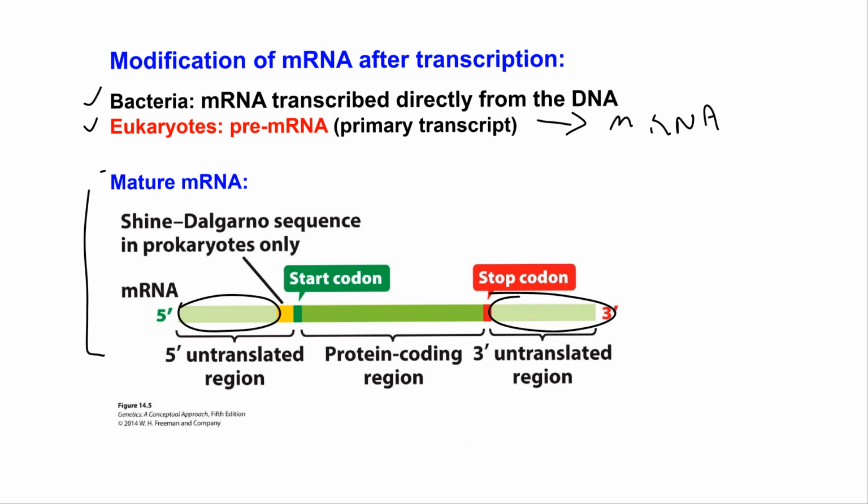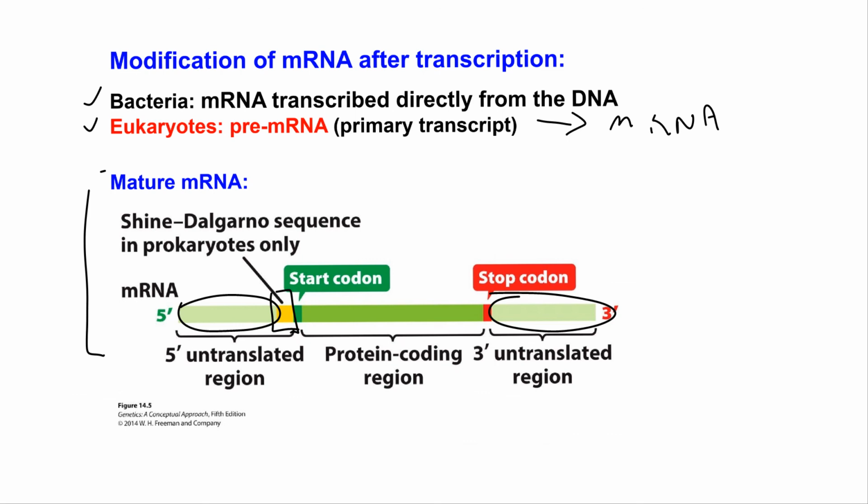In bacteria, this 5' UTR contains a sequence which is upstream of the start codon, which we call the Shine-Dalgarno sequence. You can find it only in prokaryotes. This sequence is necessary for recognition of ribosomes. The sequence in the Shine-Dalgarno region is complementary to ribosomal RNA and basically is important for association of mRNA with ribosomes.